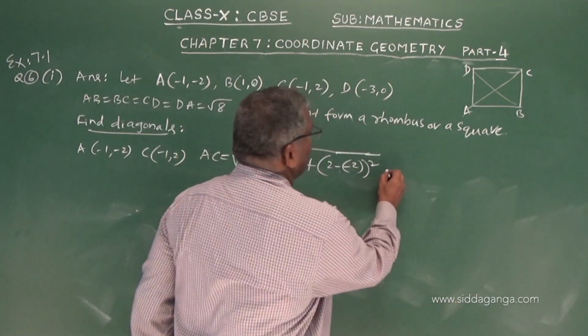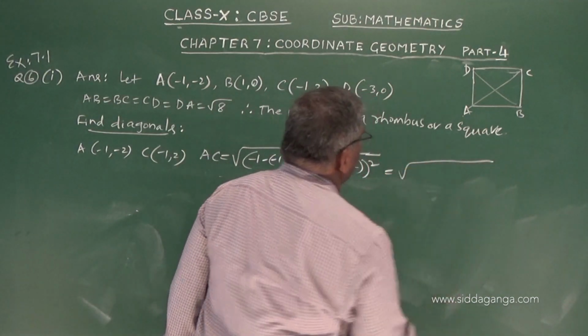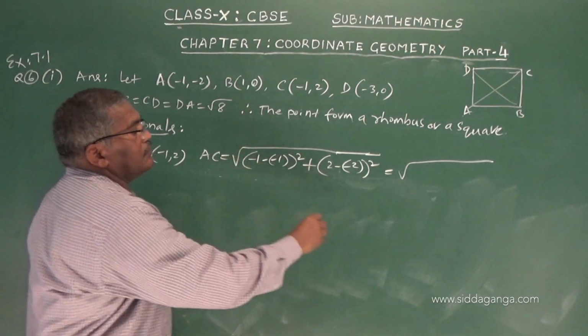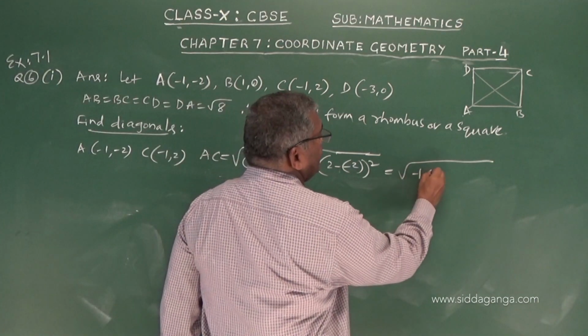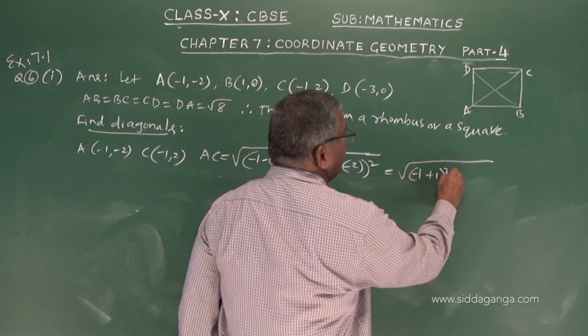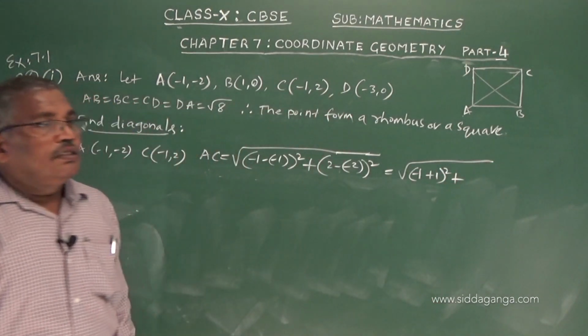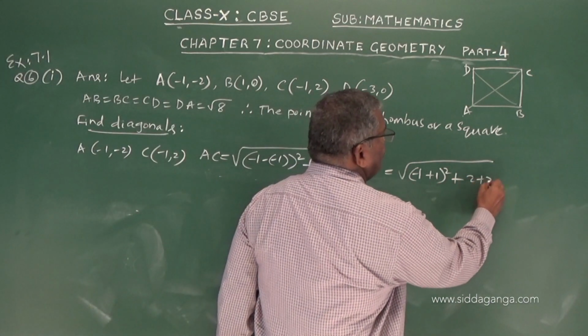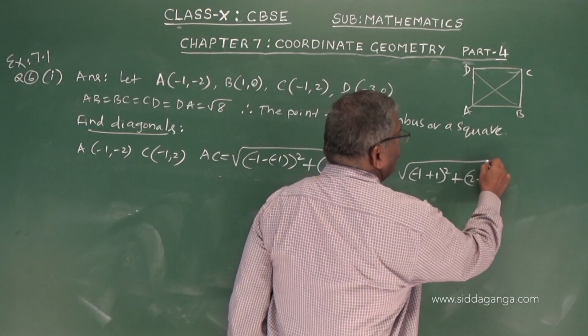So this is equal to minus 1 plus 1 whole square, plus 2 plus 2 whole square.